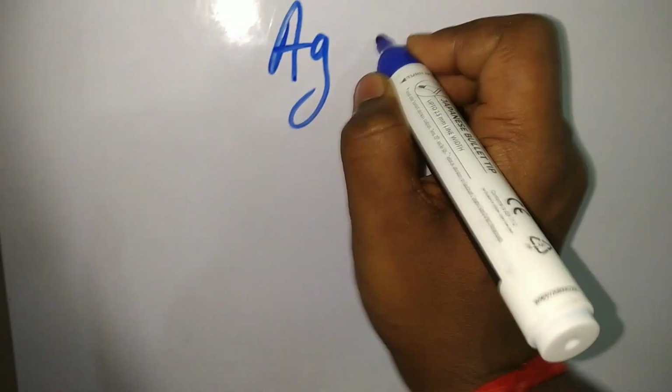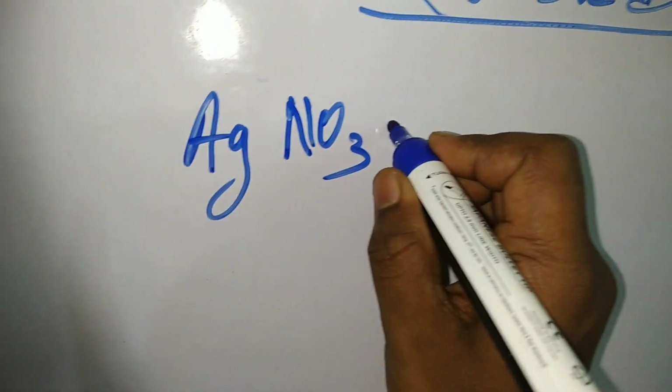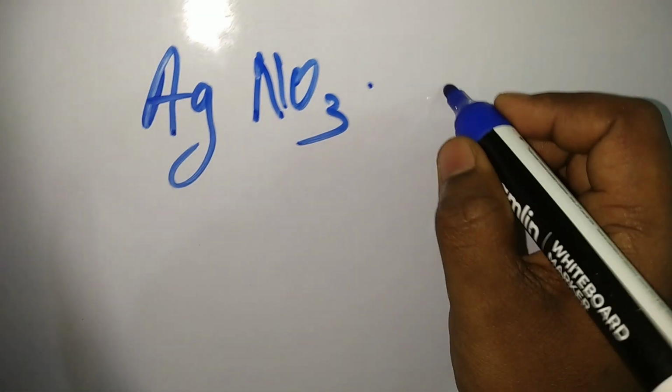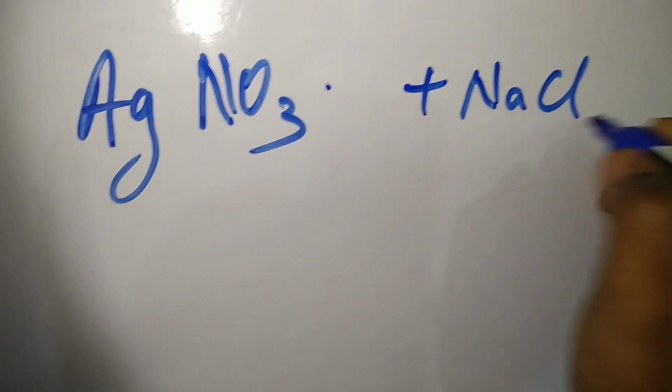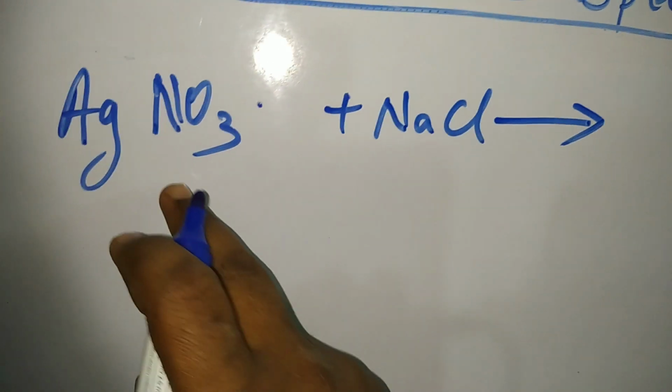Now move with examples, not one, we will see some of the important reactions. First, start with the precipitate reaction. See, silver nitrate plus NaCl, these all are in the aqueous form.